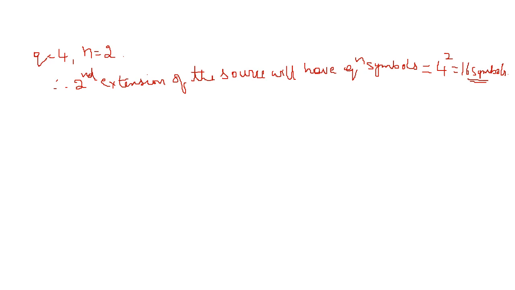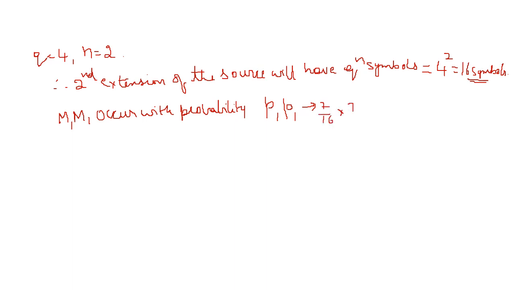Now we'll list the symbols along with their respective probabilities. The message M1 M1 will occur with probability P1 into P1. P1 is 7/16, so multiplying 7/16 into 7/16 gives 49/256.